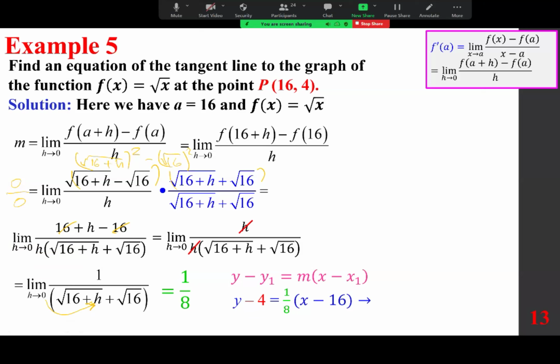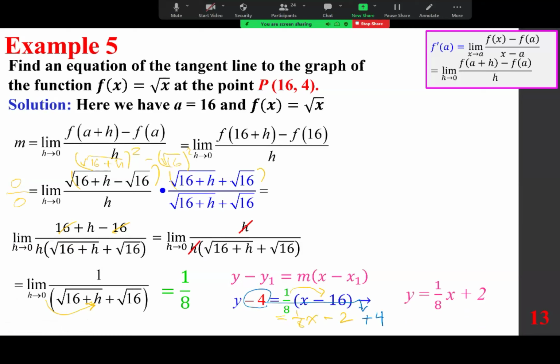We're going to get 1 over 8 times x minus 2. Needless to say, we are moving negative 4. And the final answer is y equals 1 over 8 times x plus 2.